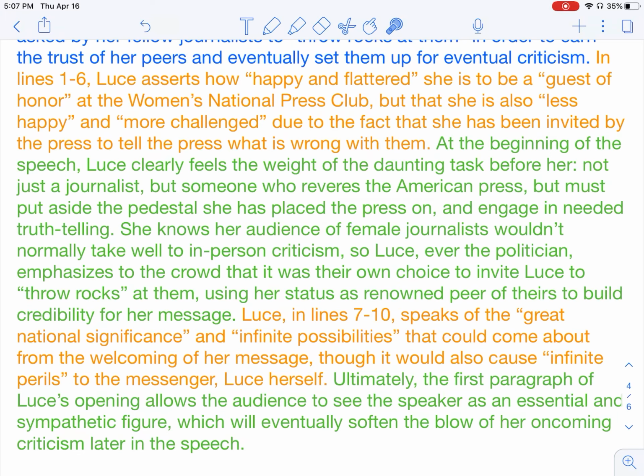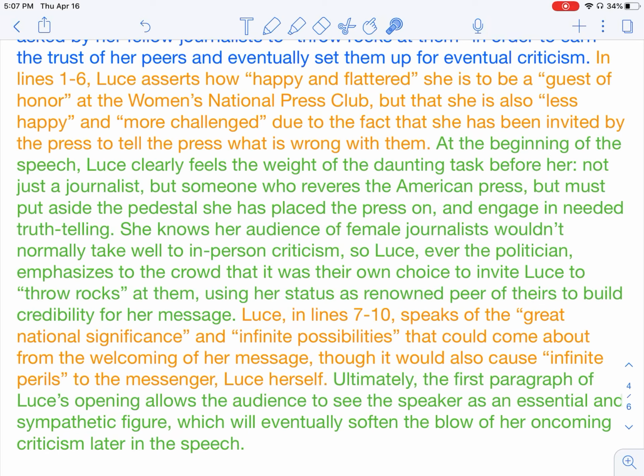She knows her audience of female journalists wouldn't normally take well to in-person criticism, so Luce, ever the politician, emphasizes to the crowd that it was their own choice to invite Luce to throw rocks at them, using her status as renowned peer of theirs to build credibility for her message.